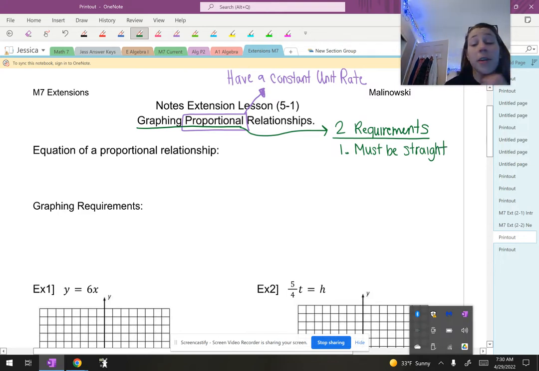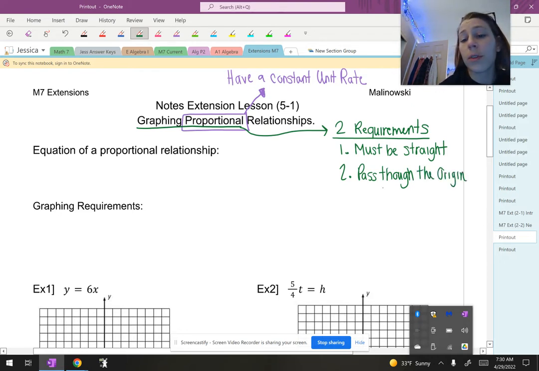If it has any types of curves in it, it's not going to be proportional. And the second requirement: it must pass through or touch the origin point, which was 0, 0.